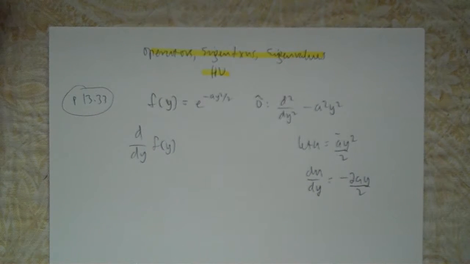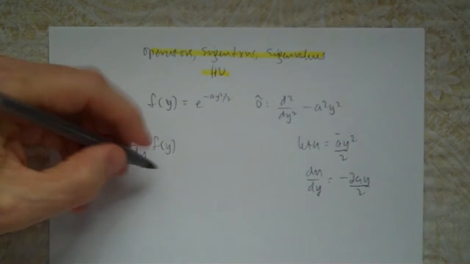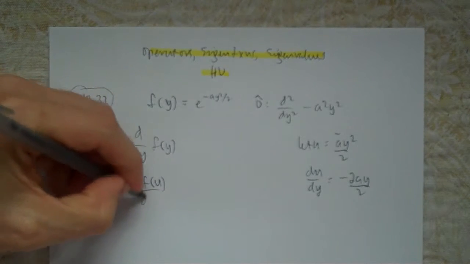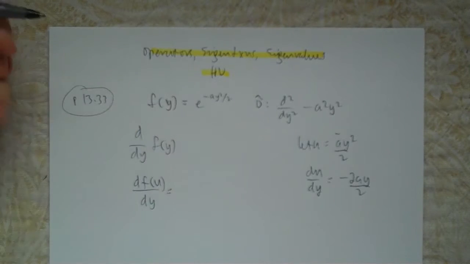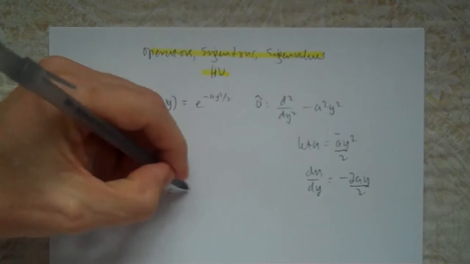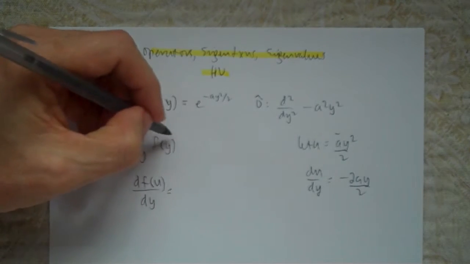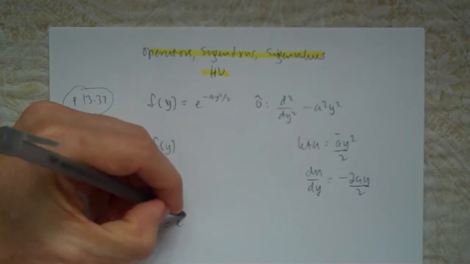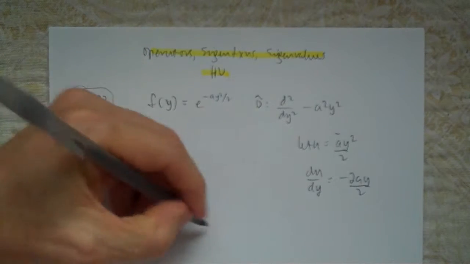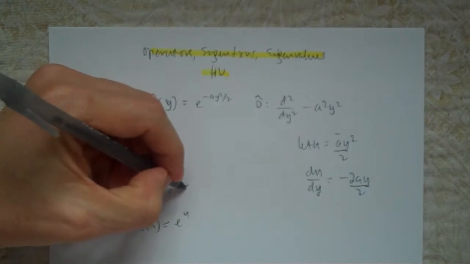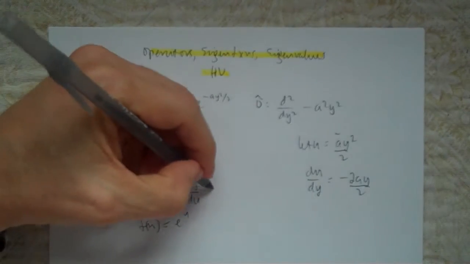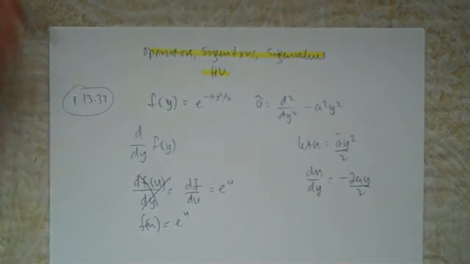And df/du, F of u is equal to e to the u, because I chose that, right? So df/du, sorry about that, that's a mistake, is equal to e to the u, right?